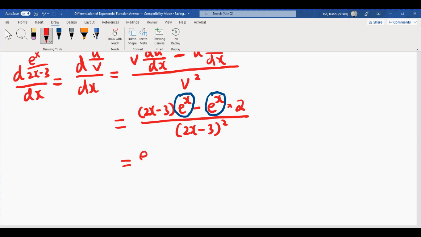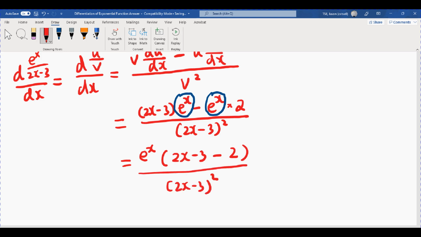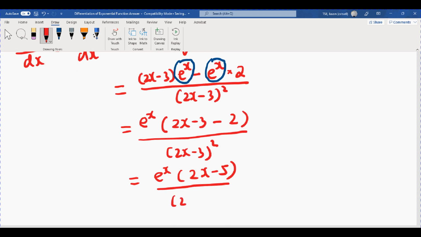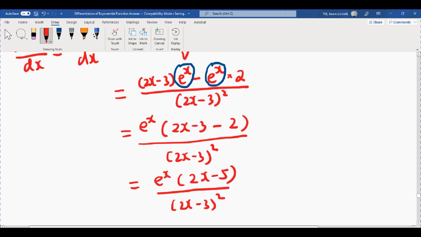So let's move it to the front to have 2x minus 3 minus 2, over (2x minus 3) squared. And that's the 2x minus 5 over (2x minus 3) squared. Okay, so that's it. Oh, good. All right.